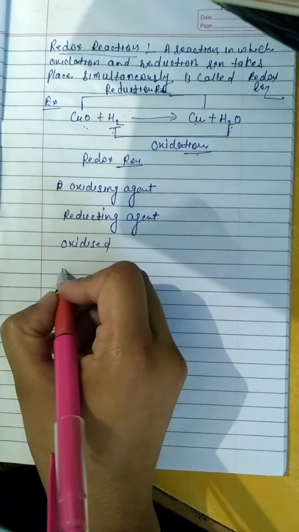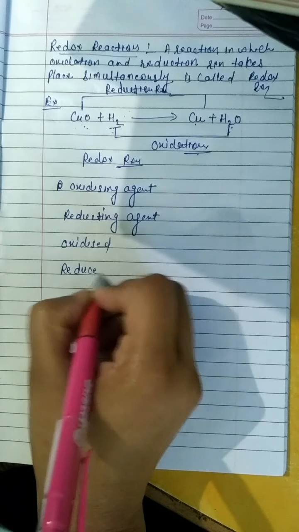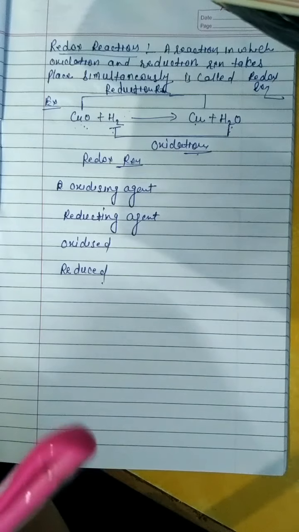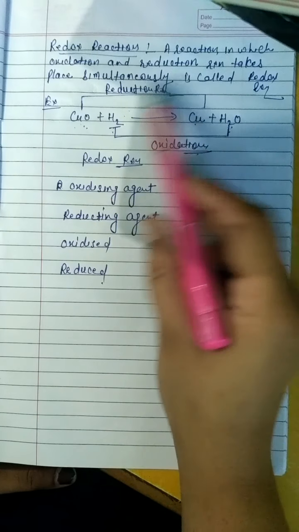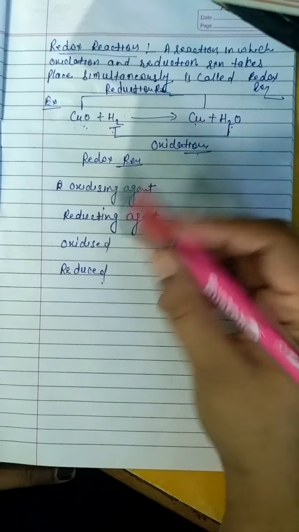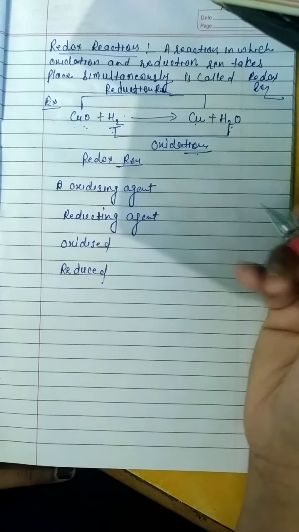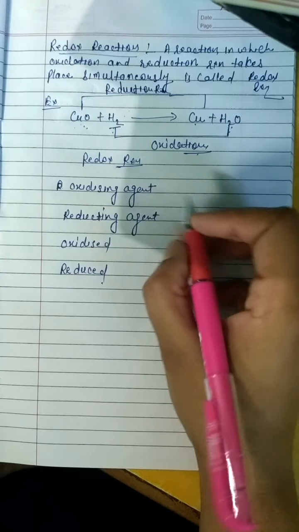And fourth one is reduced. Mostly the question from that: name the oxidizing agent from this reaction. Name the reducing agent. Name the oxidized. Which substance is oxidized? Clear? These are most important questions from this section.